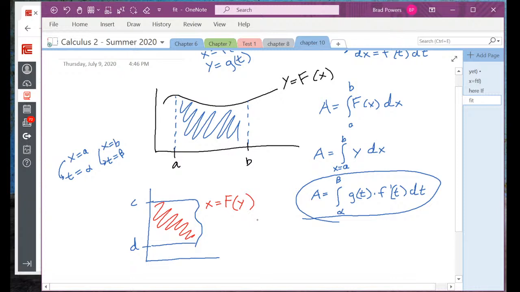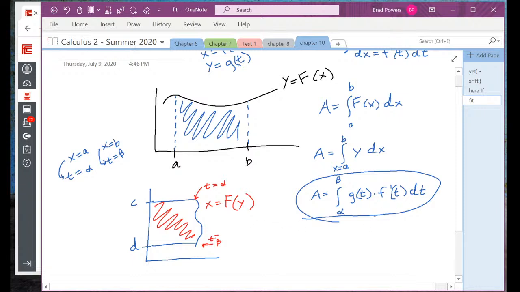I think you could do the exact same method and come up with something that would work here. At a glance, I'm not going to say it is, but my guess would be it would be f of t times g prime of t. And then, of course, figure out what t is here and what t is here. Or switch them around. Maybe I want t down here and alpha here and beta here. But in any case, there you go.